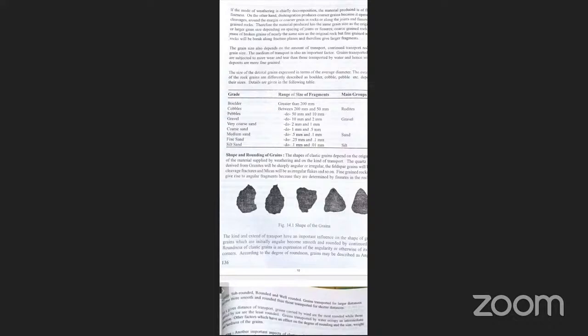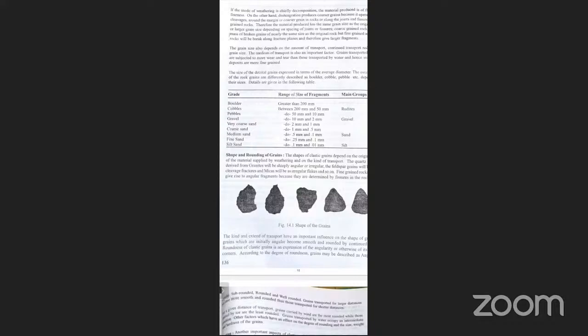Feldspar grains have parallel cleavages and fractures, and micas are irregular flakes. Fine grained rocks normally give rise to angular fragments because they are determined by fissures in the rock.